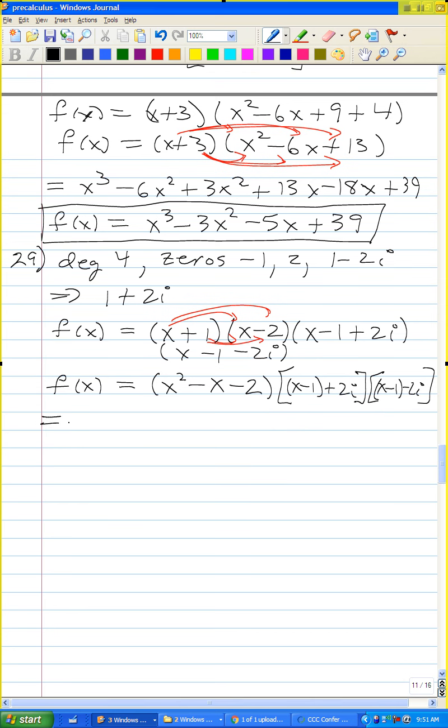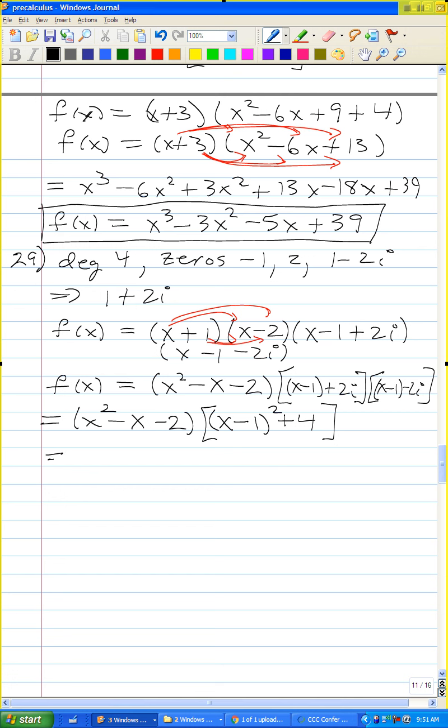So this is equal to x squared minus x minus 2 times, again, this is a special product formula, just like above, x minus 1 squared minus 2i squared, which gives you a plus 4.